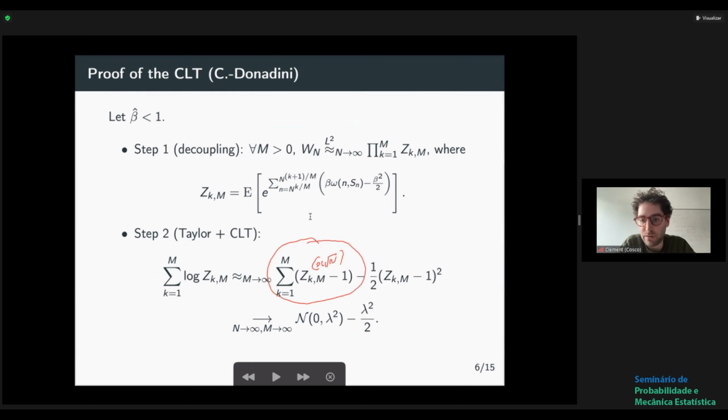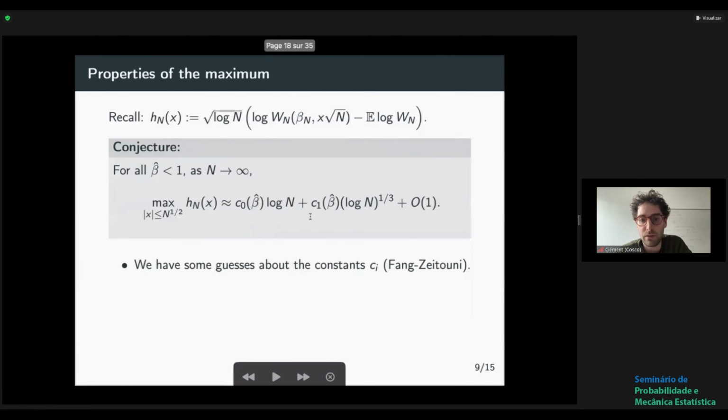So this object could be analogous to the branching random walk with a non-constant variance profile. This is what we expect, and this is what we are trying to prove at the moment with Shuta and Ofer, that the maximum should be, at least at first order, this one, with a constant that is a bit different from usual branching random walks.